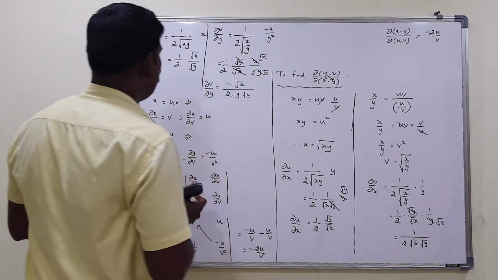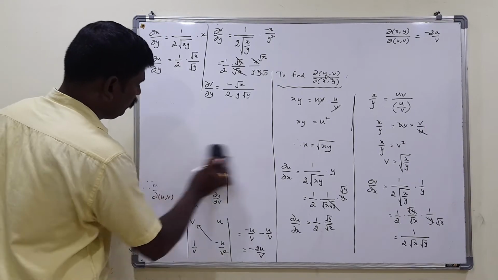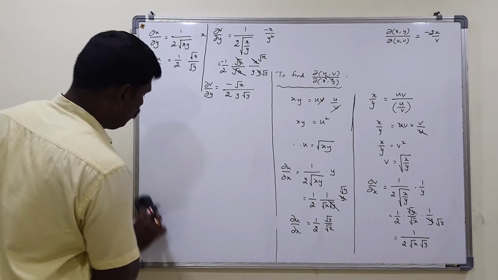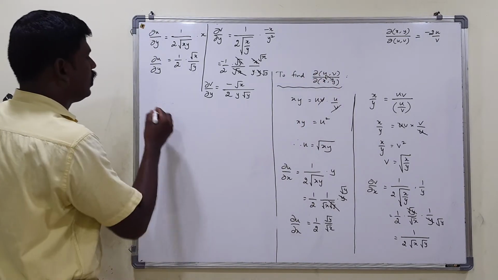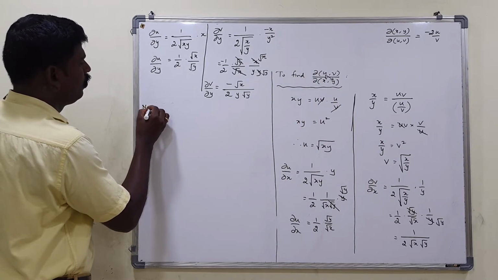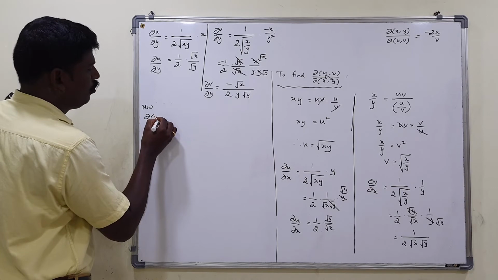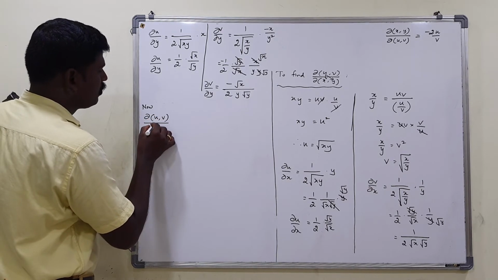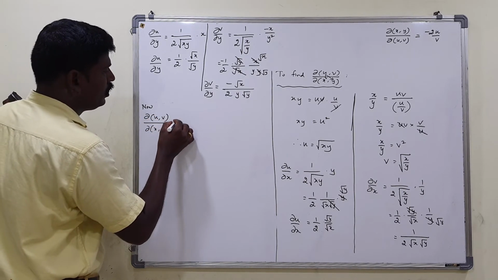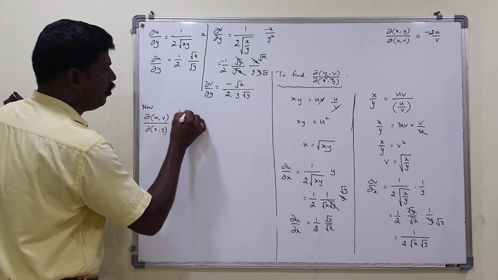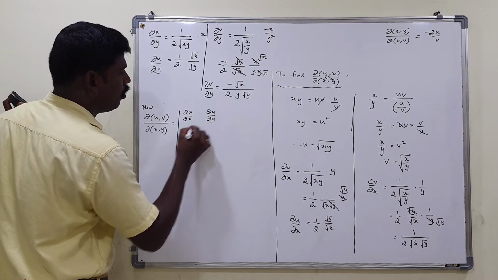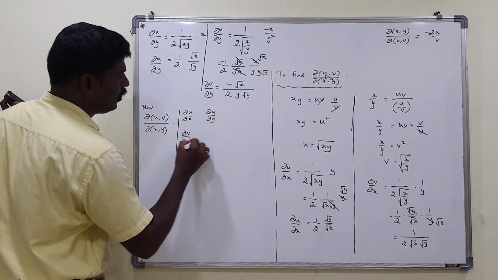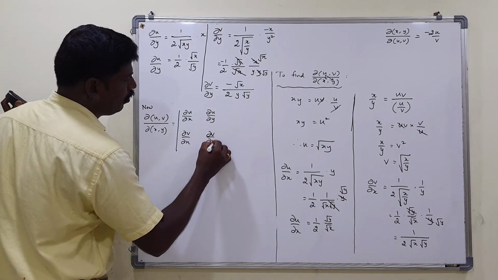Now I am going to take the partial derivative of (u, v) with respect to (x, y). ∂(u,v)/∂(x,y) is equal to the determinant of ∂u/∂x, ∂u/∂y, ∂v/∂x and ∂v/∂y.